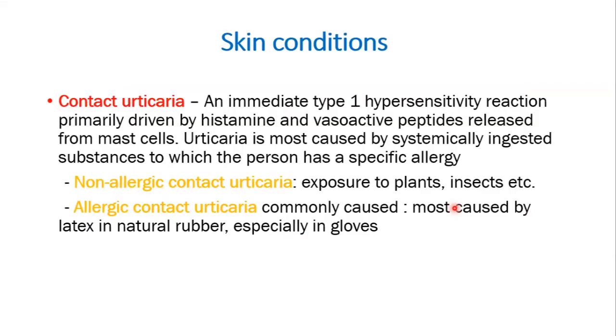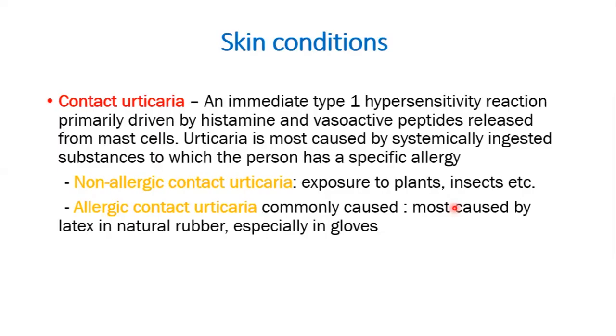There's contact urticaria, so you can read up on that. A lot of people, especially in healthcare, end up being allergic to latex in natural rubber, right? And there are also people who are allergic to condoms made from certain things like rubber as well.